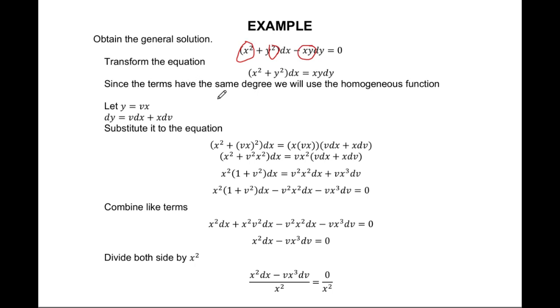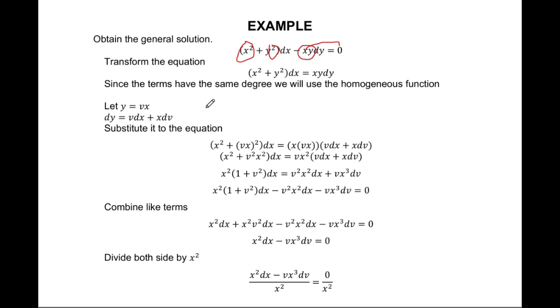So let us transform the equation. We will separate xy dy on the other side. So we have x squared plus y squared dx is equal to xy dy. Since the terms have the same degree, we will use the homogeneous function.